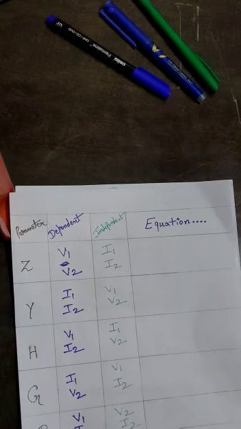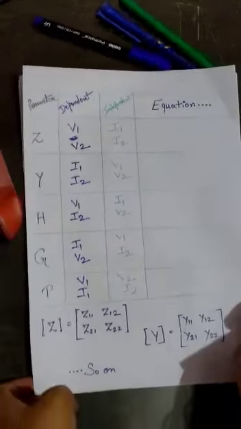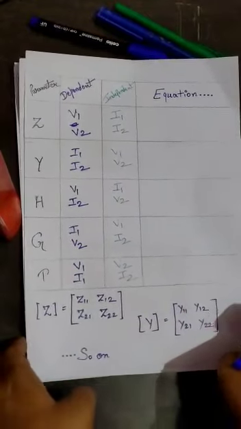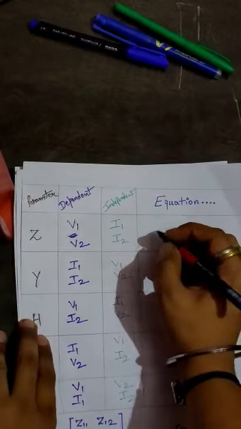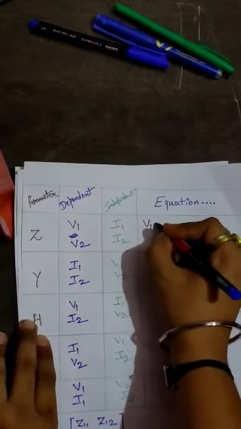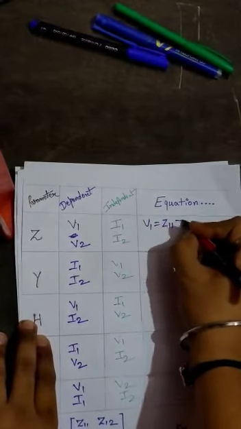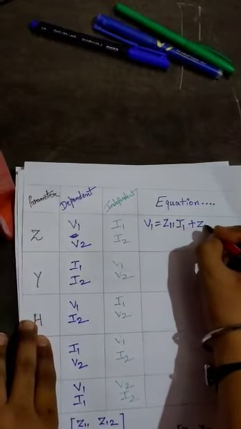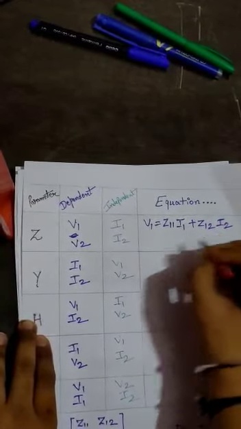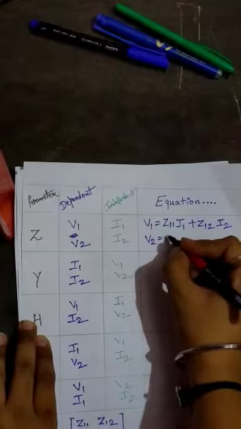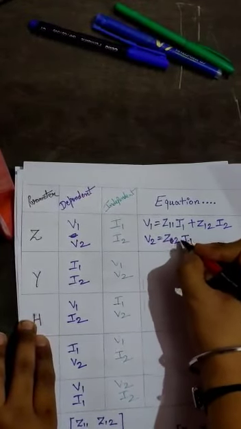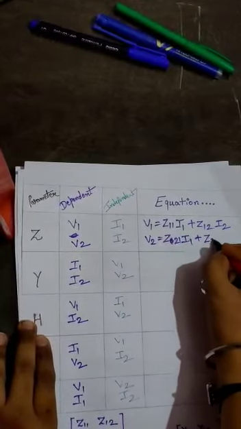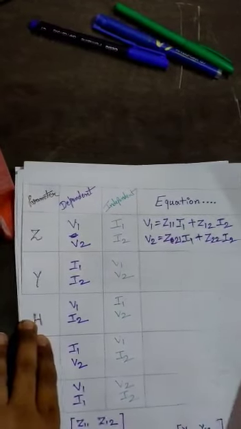Now we can write the equations according to the matrix. V1 equals Z11 I1 plus Z12 I2. V2 equals Z21 I1 plus Z22 I2.